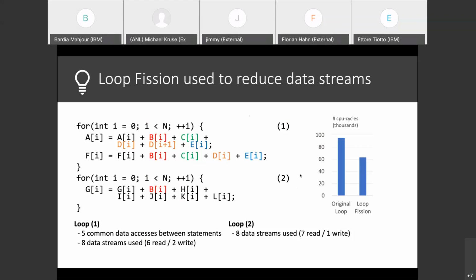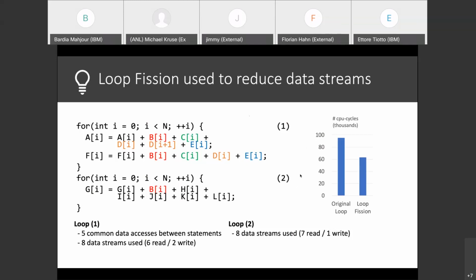And if you look at the CPU cycles that are spent in the original loop versus the second loop, we go from almost 100,000 cycles for the first loop down to about 60,000 cycles in the second loop. So we have almost between a 30 and a 40% improvement in runtime performance due to this transformation.